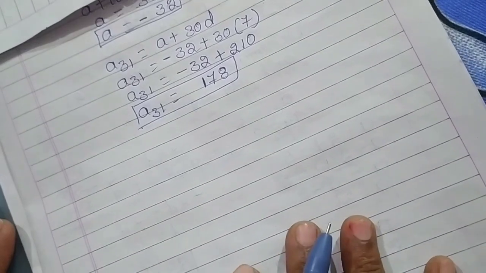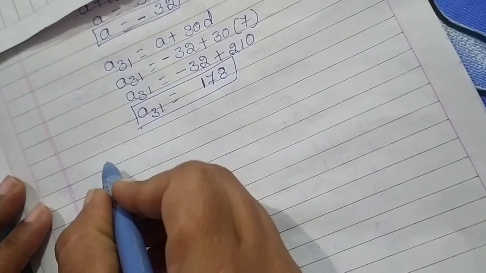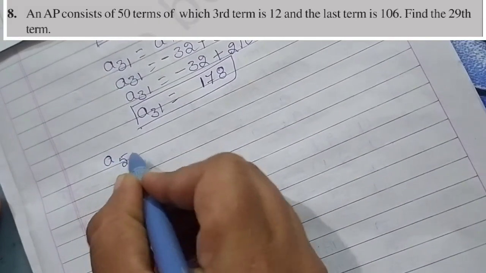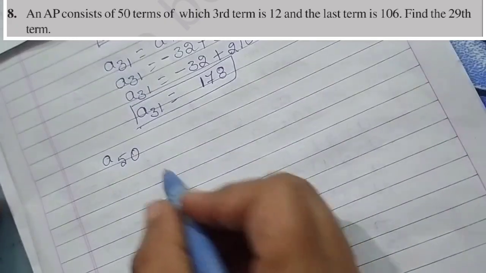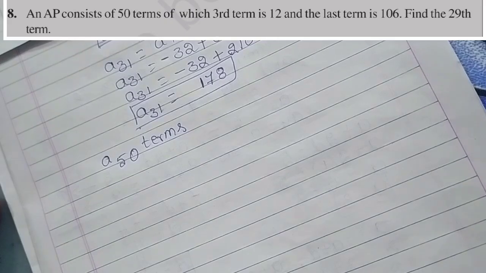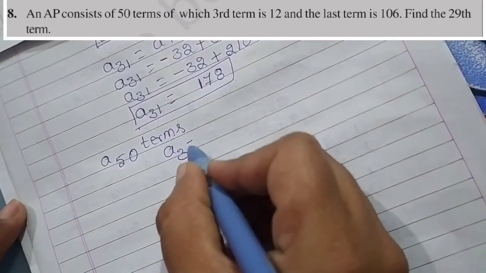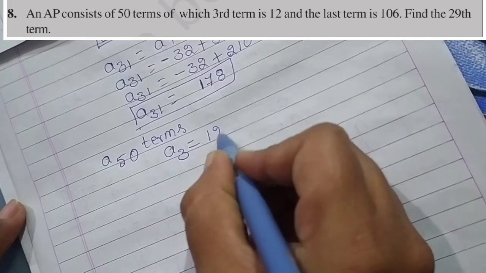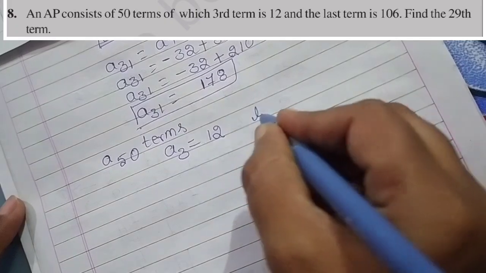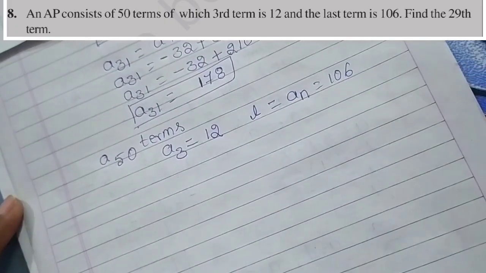Let us discuss the next question. An AP consists of 50 terms. In which the third term, A3, is equal to 12, and the last term, L, which is A_N, is equal to 106.